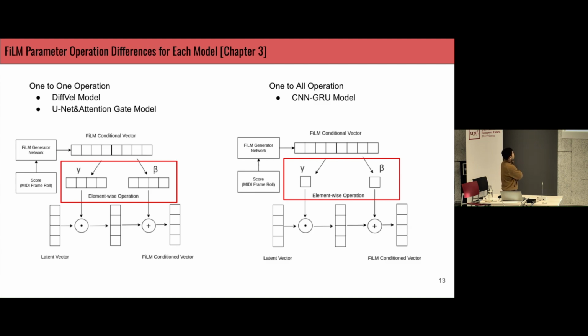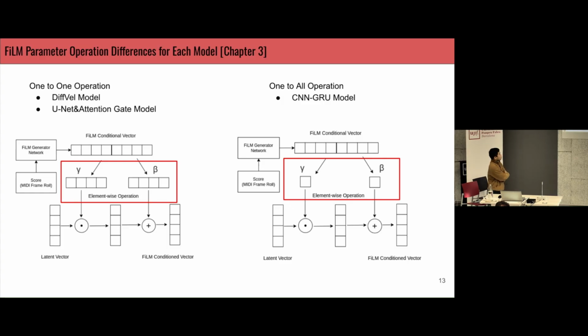One of them is the one-to-one operation, which means the FiLM generator generates as many parameters as the latent space of the main network has, so it is a one-to-one correspondence between conditioning elements and the elements in the latent space.